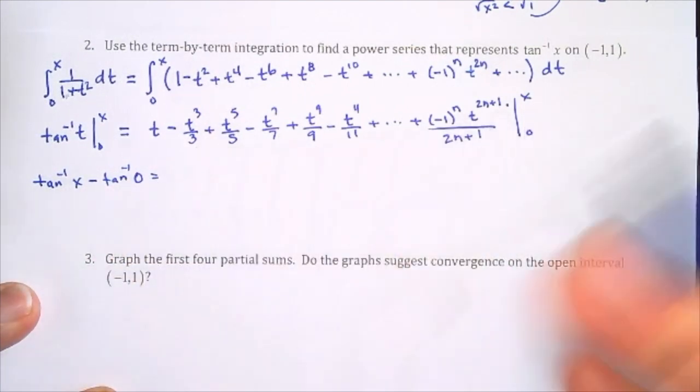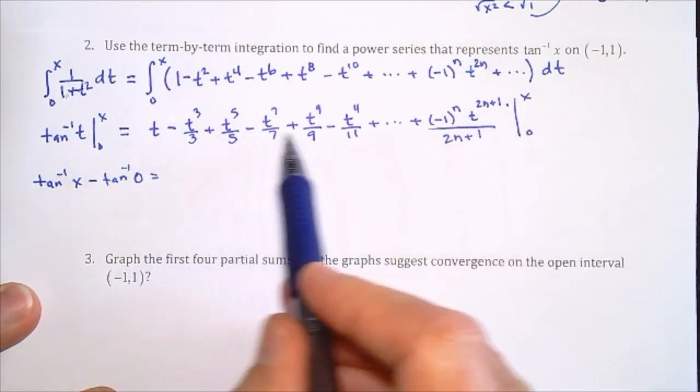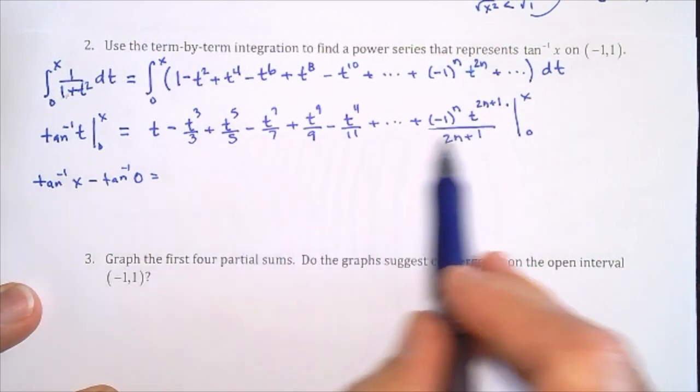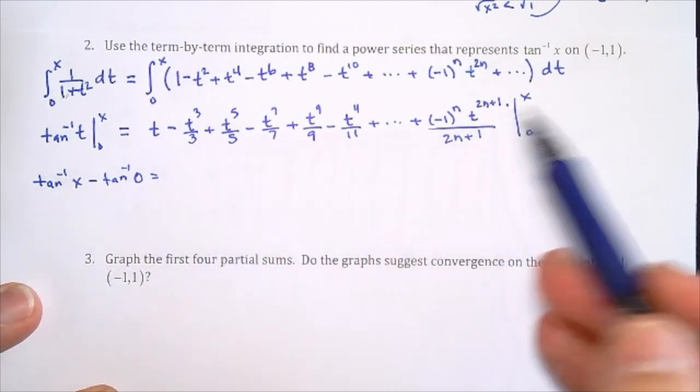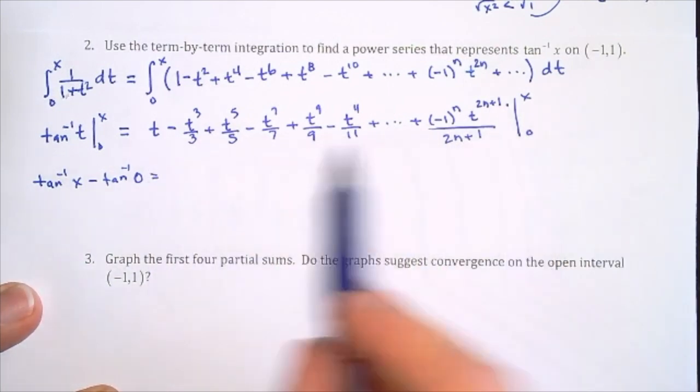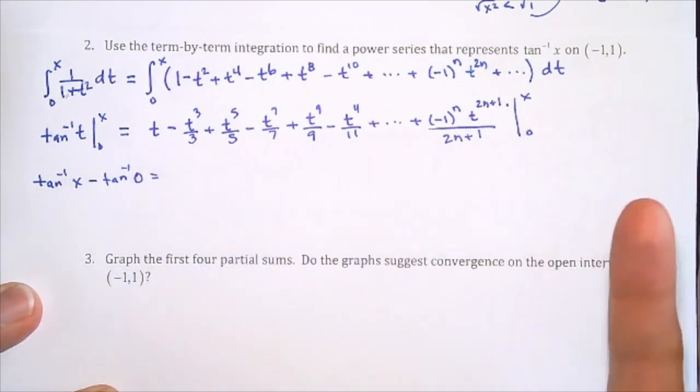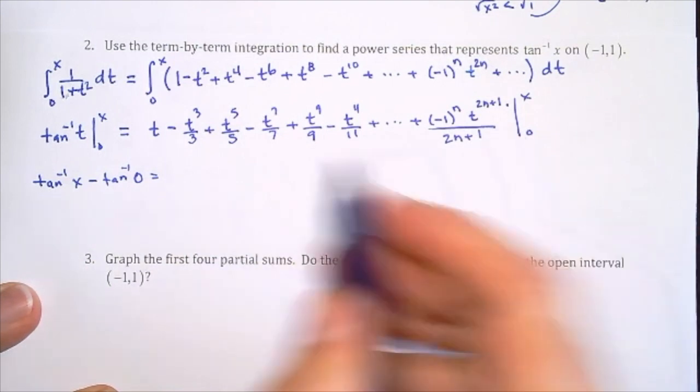And then what would happen is, because we're going to look ahead, we would put x everywhere we see t, and then we would subtract and put 0 in all of these. Everywhere we see t, we replace it with 0. If we replace all the t's with 0, every single term is going to be 0, so we really don't need to write that out.